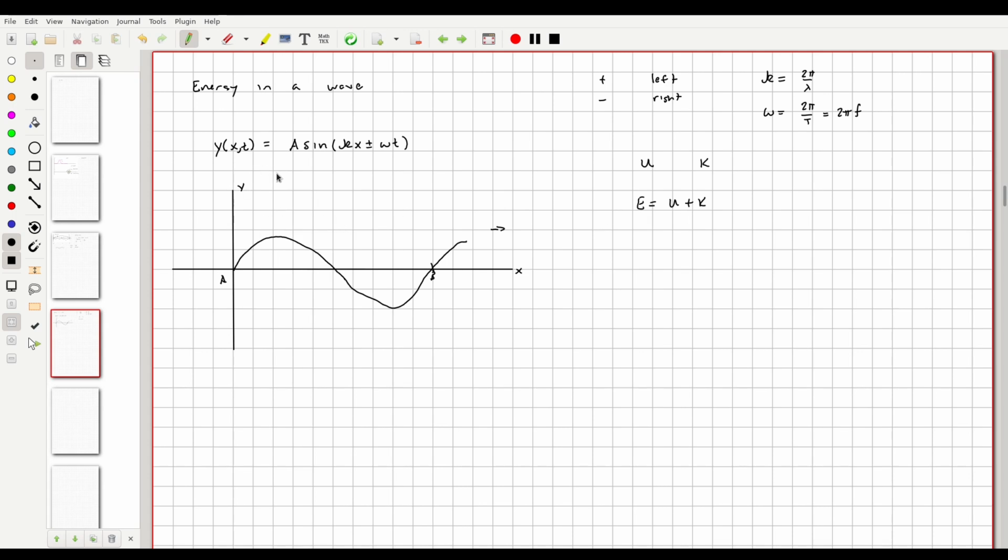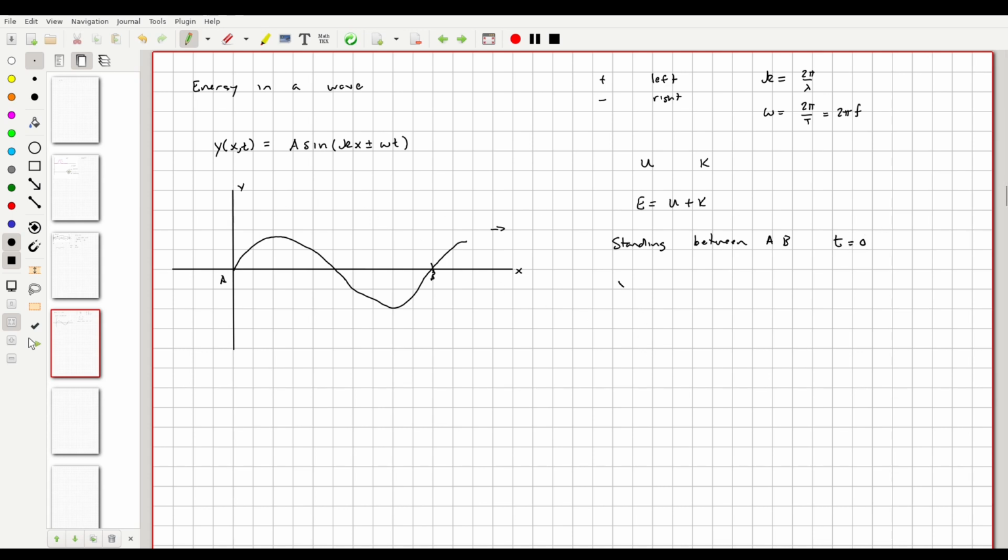So what we can do, and this is a trick that's done frequently, is we can treat this as though it's a standing wave between points A and B, and we're just going to freeze this in time. So we're going to let time equal 0.